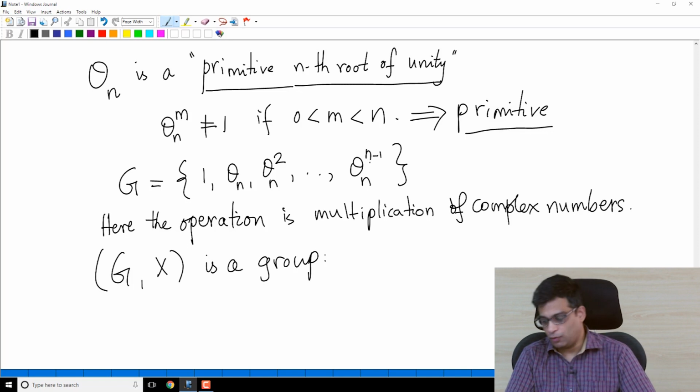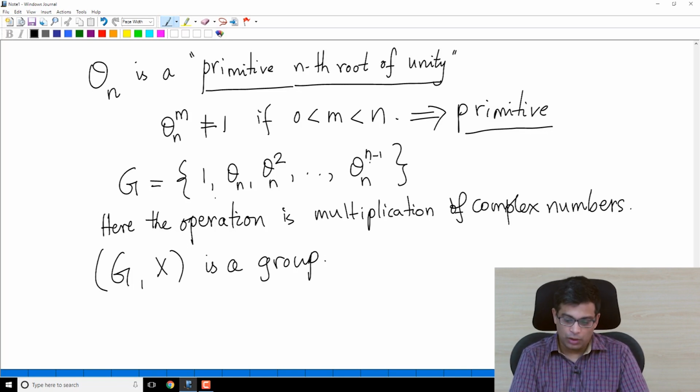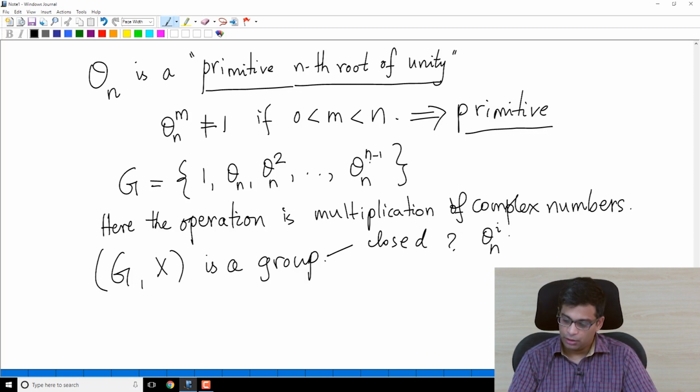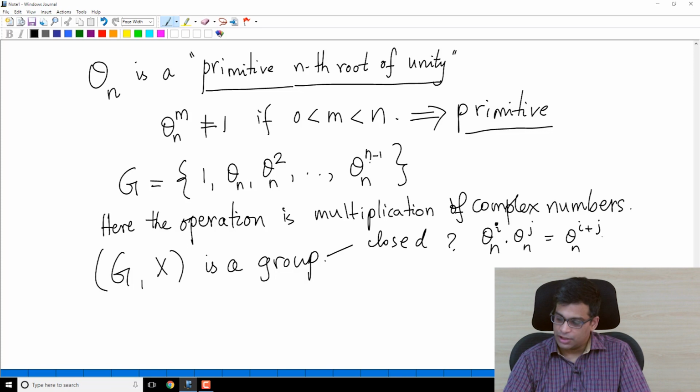Let us spend 2 minutes on why this is the case. Why is it a group? Is it closed under multiplication? What are the elements of this set? Theta n power i is an element, and theta n power j is another element. What is theta n power i times theta n power j? It is theta n power i plus j, but because theta n power n is 1, theta n power i plus j will be equal to one of these.